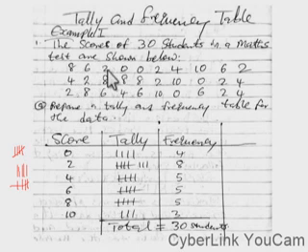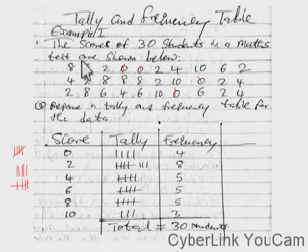Let's count them. 1, 2, 3, 4. Oh, we have 4 zeros there. Then we count it in our tally, 1, 2, 3, 4. That is this. You write it as a frequency, 4 as a figure.